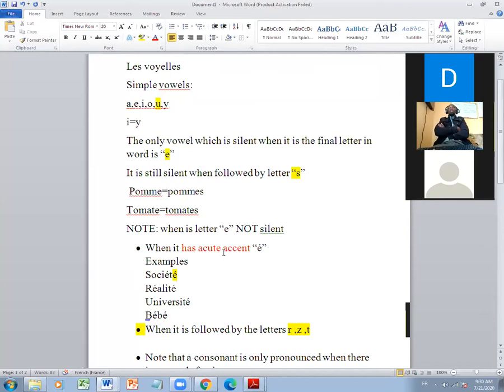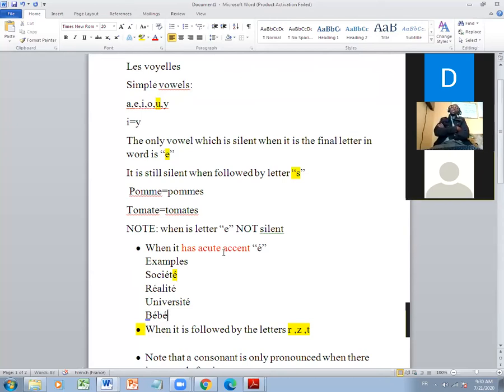Remember we said poem is the same as poem with ES. Tomate, even if you add S, is still tomate. Then I've said note: when is letter E not silent? I've explained when it is silent, but it's also good to note when it is not silent. One, when it has an acute accent.